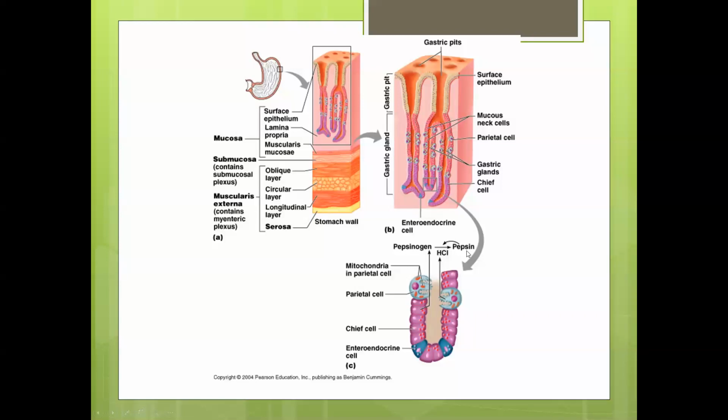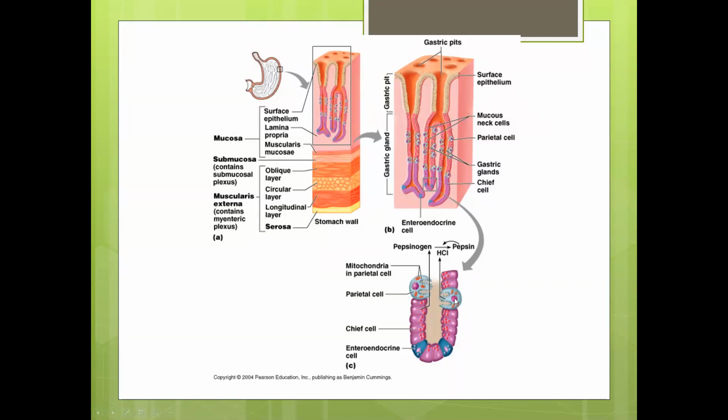Remember in lab, we talked about how pepsin is the enzyme produced in the stomach that digests proteins, but it's secreted in an inactive form as pepsinogen. So pepsinogen has to be converted to pepsin, and it'll only do that in the presence of hydrochloric acid.